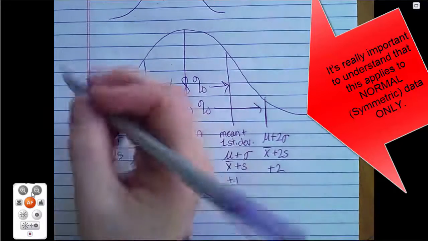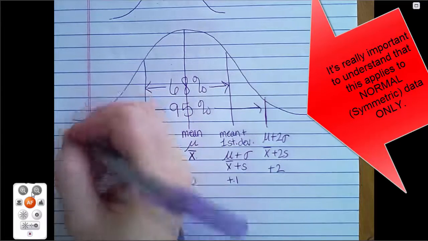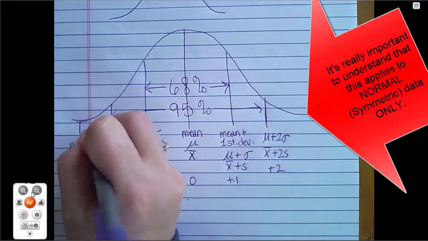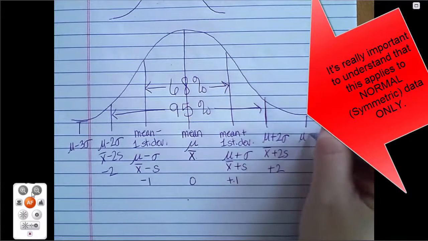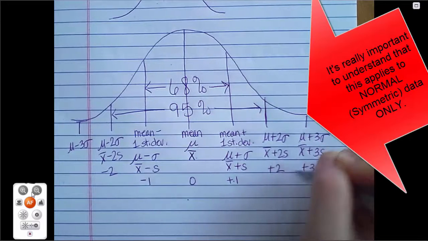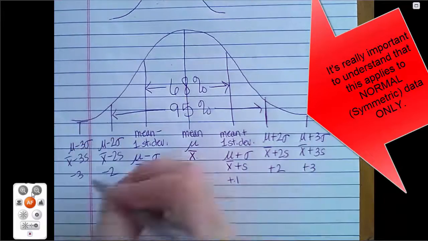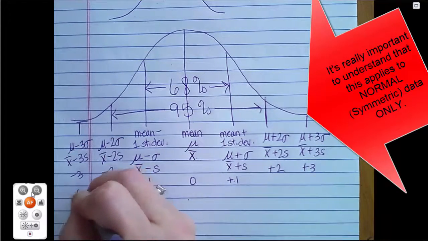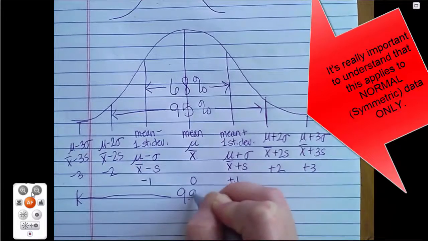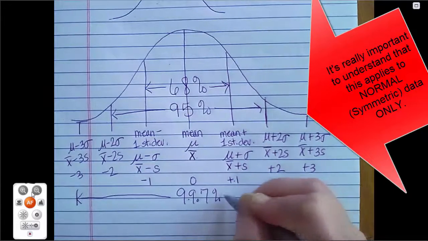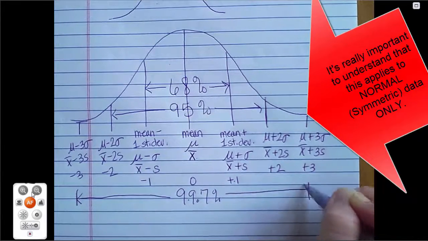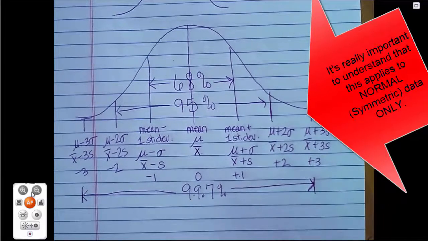Well, what about the rest of it? If we go out 3 standard deviations on either side of the mean, either above or below it, that accounts for 99.7% of my data. So if you get a data value in a normal distribution that's outside of 3 standard deviations of the mean, that's very rare. That's something very interesting going on.